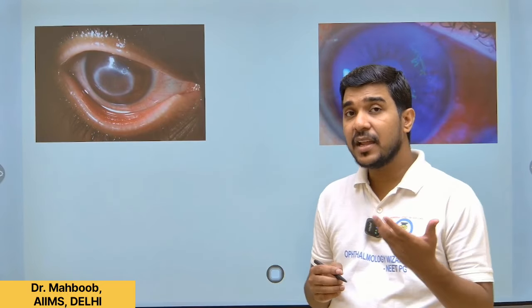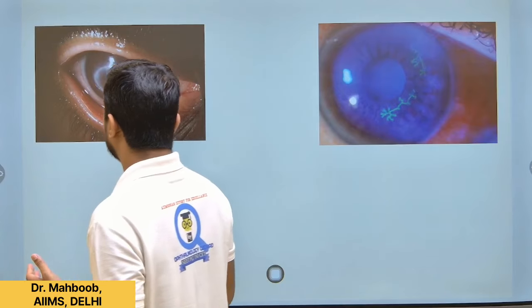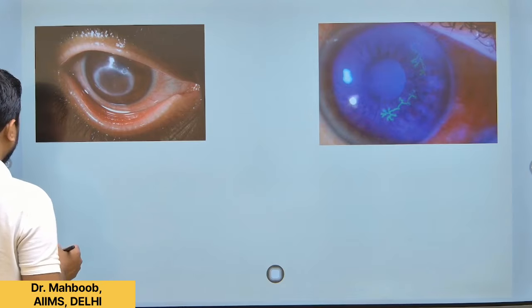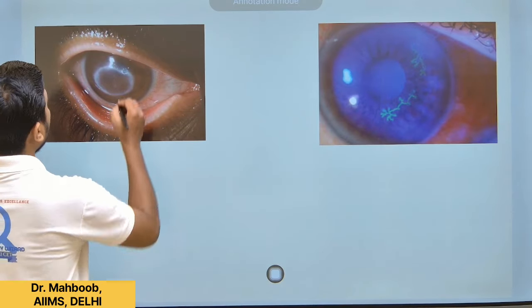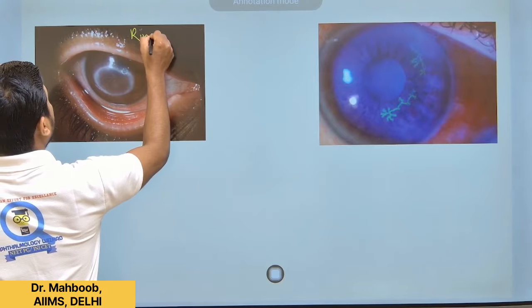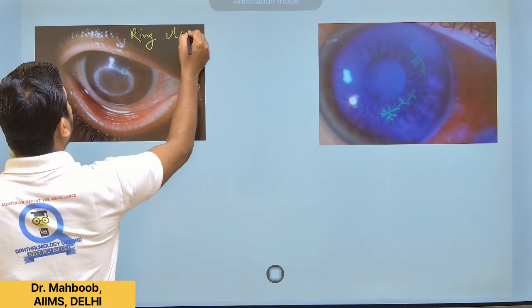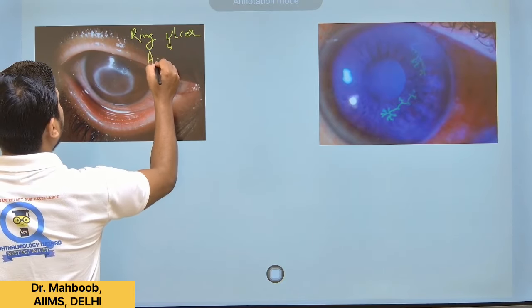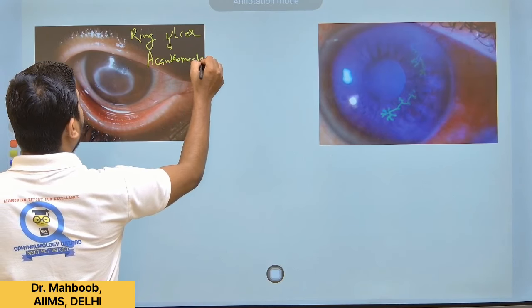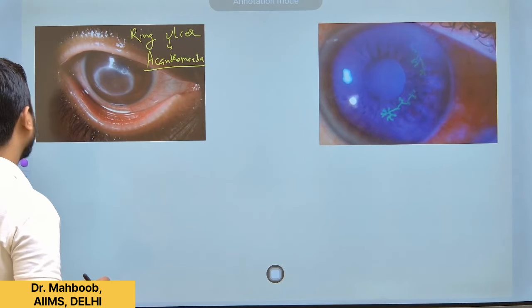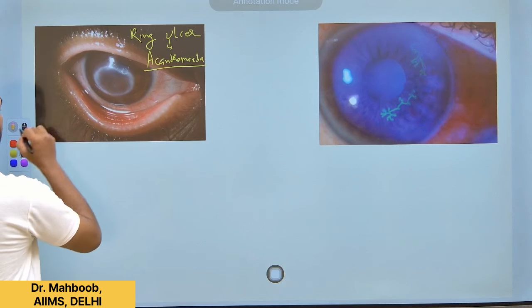So basically, ring ulceration or ring abscess. If I tell you it's a ring abscess or ring ulcer, it's a feature of acanthamoeba. Now in acanthamoeba, what is happening?